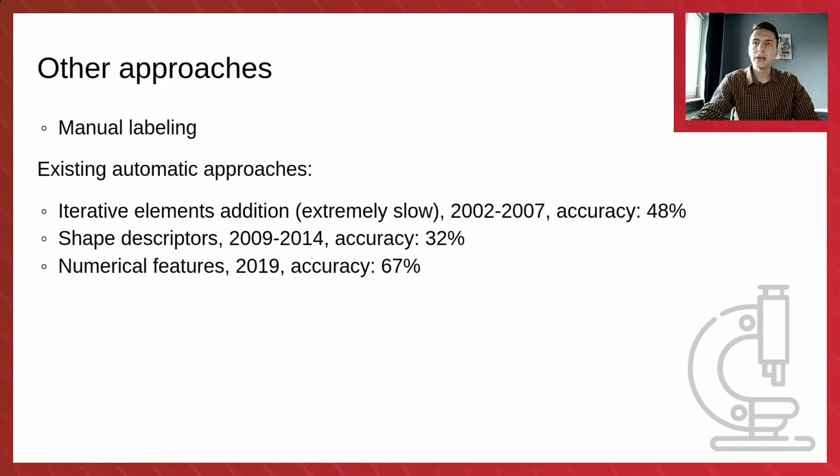However, they are extremely slow. 6 papers based on shape descriptors computation or bounding box detection were published between 2009 and 2014. Despite significantly speeding up the labeling process, they are not very accurate. On about 100 classes, these approaches achieved accuracy levels of about 32%.